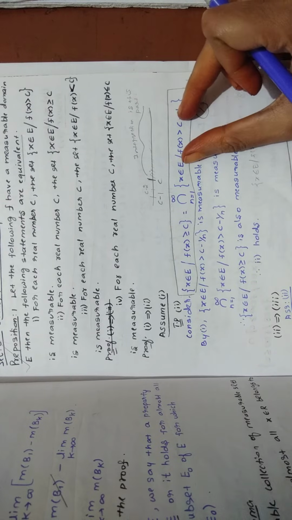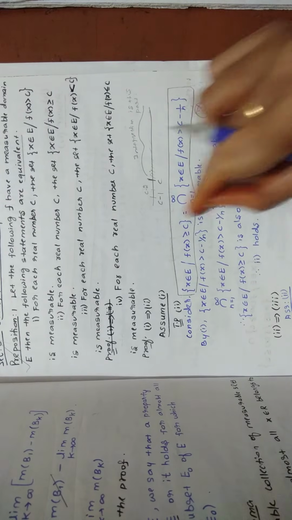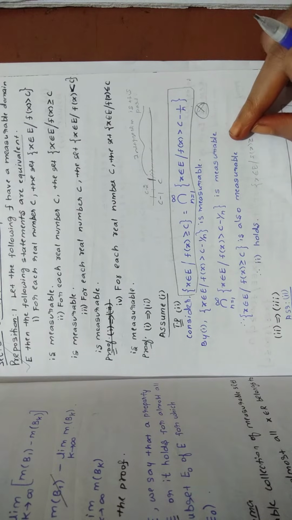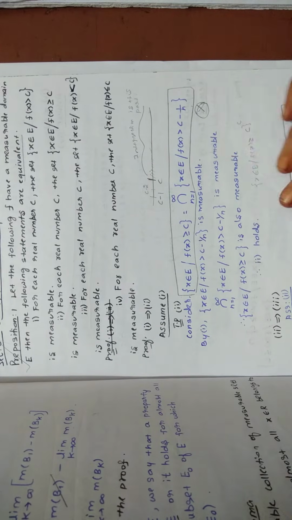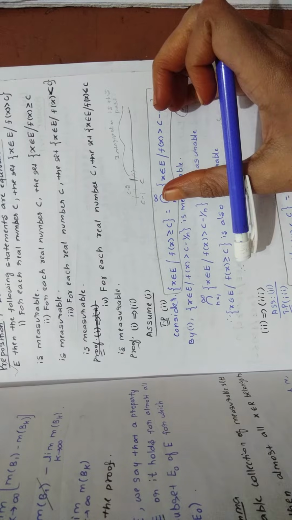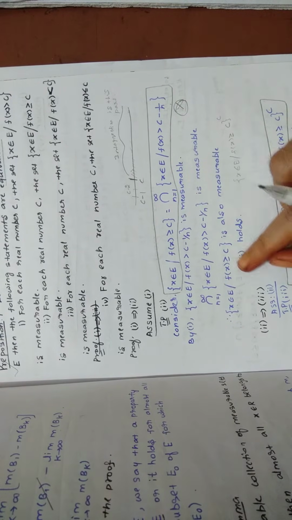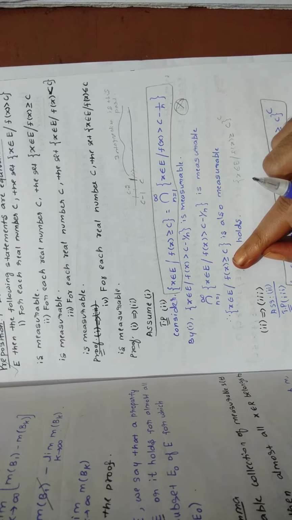Therefore, the intersection of these will also be measurable. If the whole thing is measurable, then the left hand side is also measurable. Therefore, you have proved what they asked us to prove.